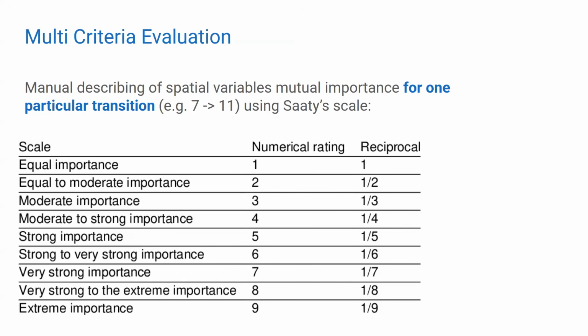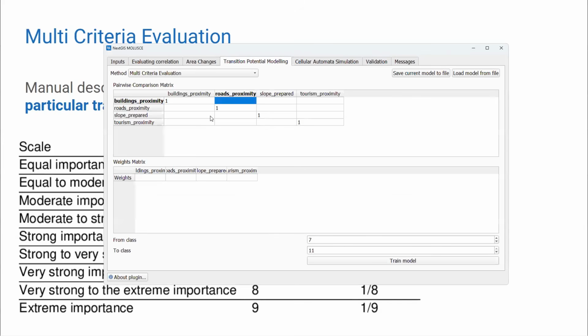And the complexity of this method is that you should set all these values manually. So you should understand your territory, your case, and know very well that this factor is much more important than this one, etc. You have these numbers reflecting the level of how much this factor is more important than a different factor.